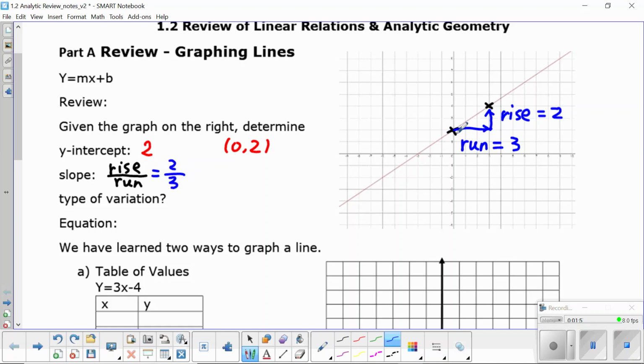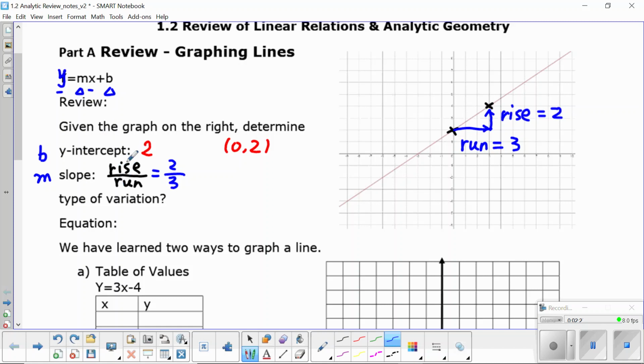Why do we want these two pieces of information? Because the slope is m and the y-intercept is b, and the slope-intercept form for the equation of a line is y = mx + b. In the equation you always have x and y, and m and b are two values.